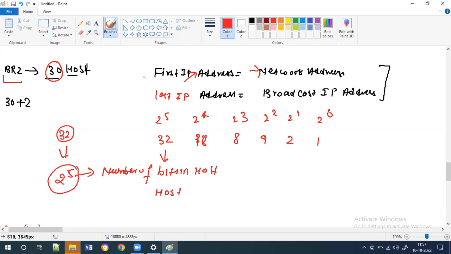If 5 bits are on the host side, then how many bits are on the network side? 27, right? That is the number of bits on the network side. In the actual IP address 16.20.20.0/24, this is also the number of bits on the network side. So after subnetting, I don't have to write /24; I have to write /27. Correct? Subnetting is clear, right?